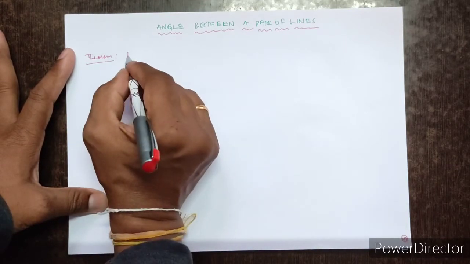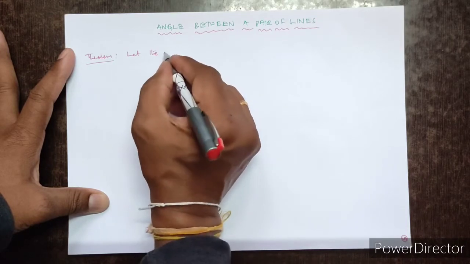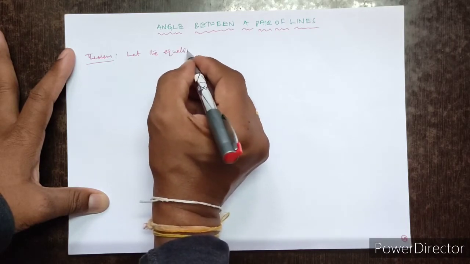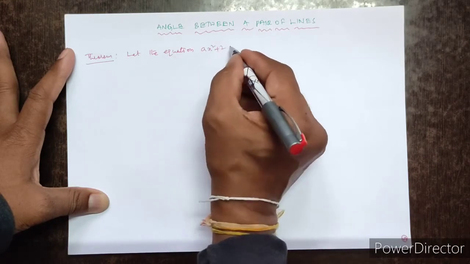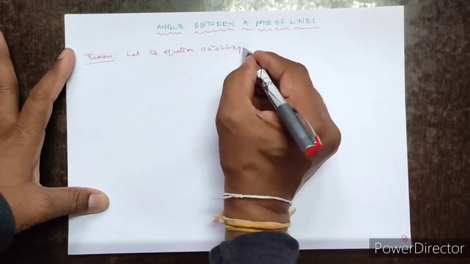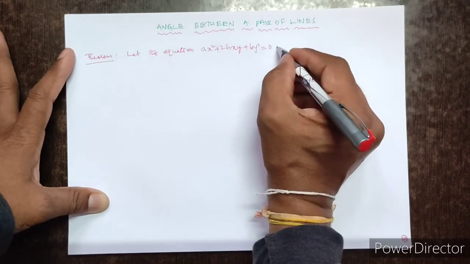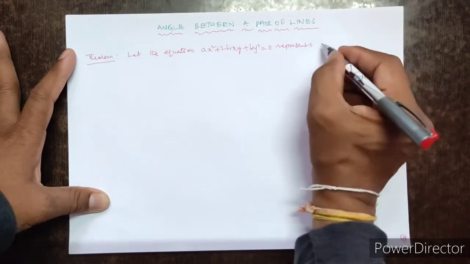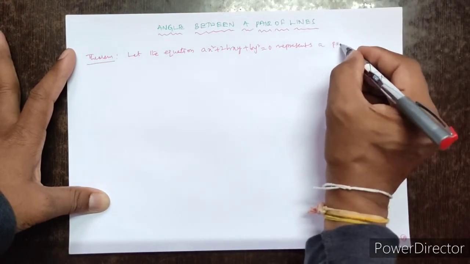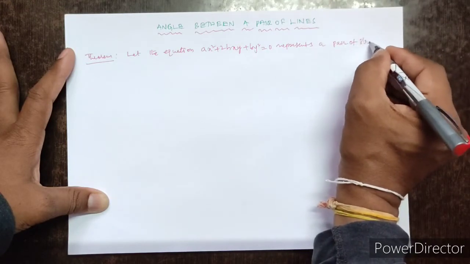Let the equation ax square plus 2hxy plus by square equal to 0 represent a pair of straight lines.